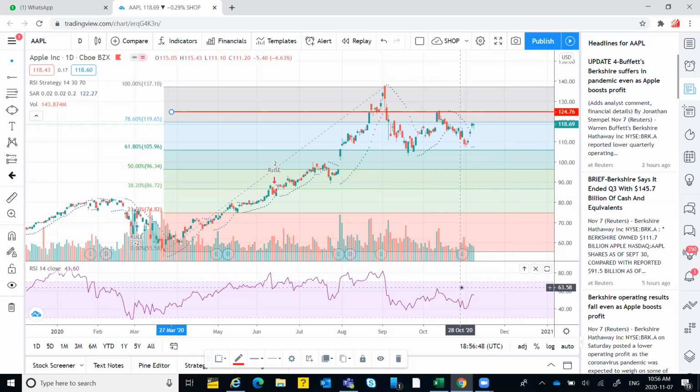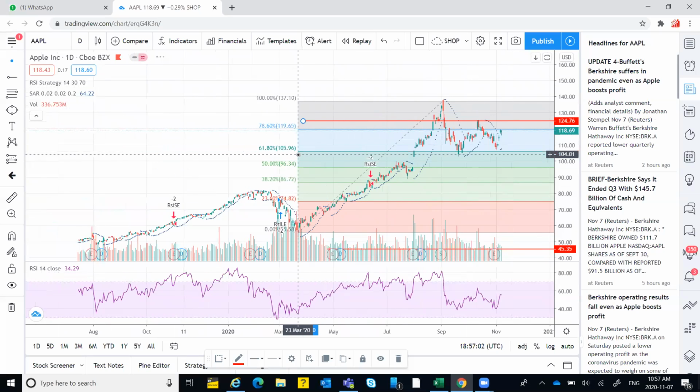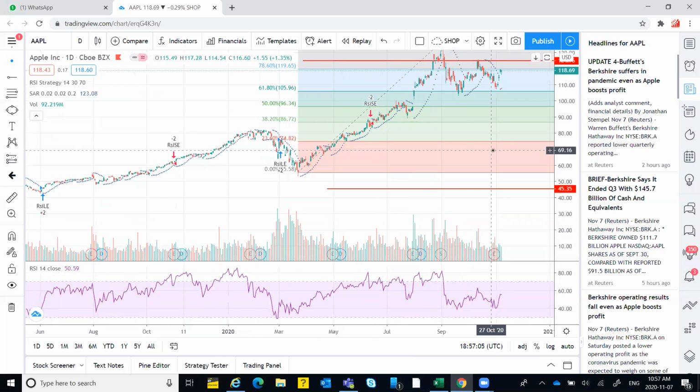If you want to hold it, for example, someone who bought it here at 59 for 8 months has more than double the investment. So this is a stock for people who are more interested in long-term investments. This is one of the stocks to enter.